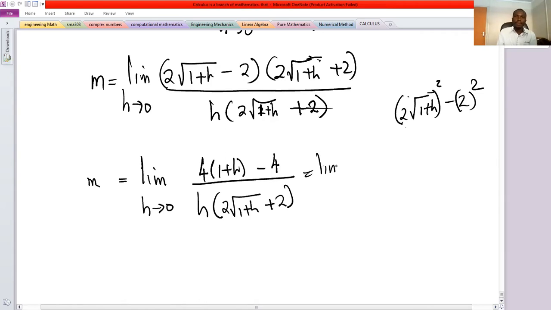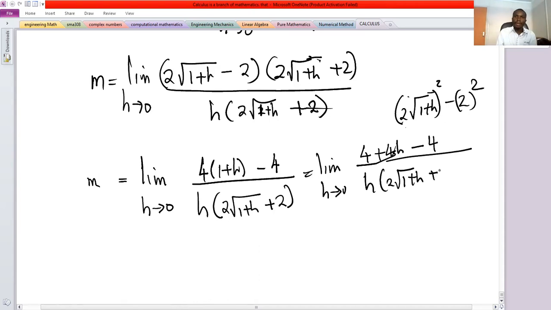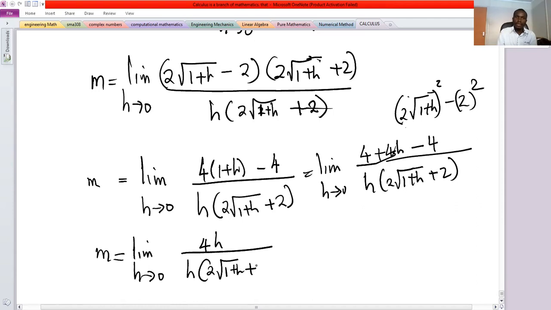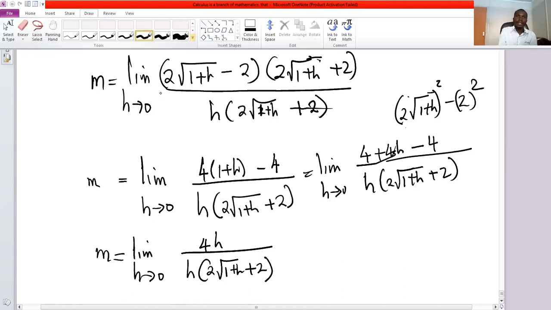Now this will be limit as h approaches 0, 4 plus 4h minus 4 over h into 2 root 1 plus h plus 2. So m will be limit as h approaches 0. 4 and minus 4 cancels out, so 4h over h into 2 root 1 plus h plus 2. And this time round, h and h cancels out.